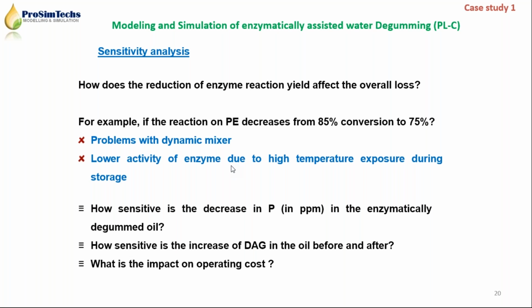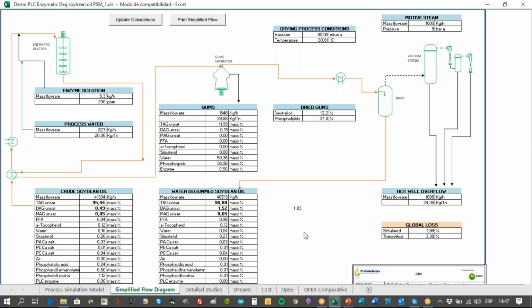What we are going to analyze is how sensitive the phosphorus content, expressed in parts per million (ppm) in the final degummed oil, is, and how sensitive the increase of diglyceride in the oil is, mostly in the degummed oil. And we are going to analyze the impact on operating cost. So I'm going to switch again to the simulation model.